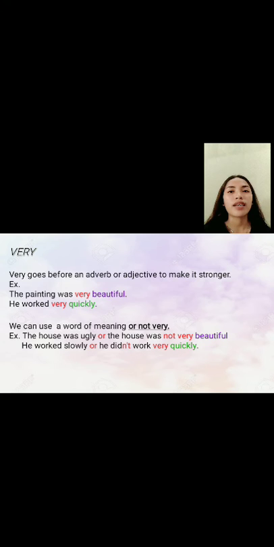If we want to make a negative form of an adjective or adverb, we can use a word of opposite meaning or not very. So example, the house was ugly or the house was not very beautiful. Second, he worked slowly or he didn't work very quickly. So as we can see in the example, we use not very or didn't work very quickly.